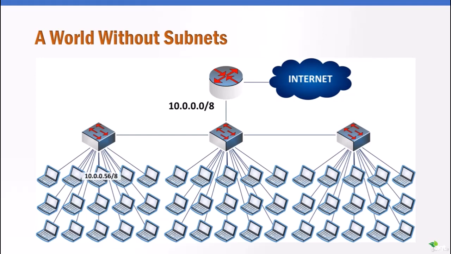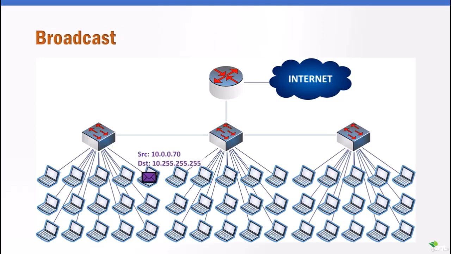Now, I'm not going to populate all of the computers with IP addresses, but let's say they have something like this. And we're going to talk about an example when one of the computers sends a broadcast packet. Here we have a computer with an IP address of 10.0.0.70, and this PC is going to send a broadcast. What happens next is this packet goes to the switch.